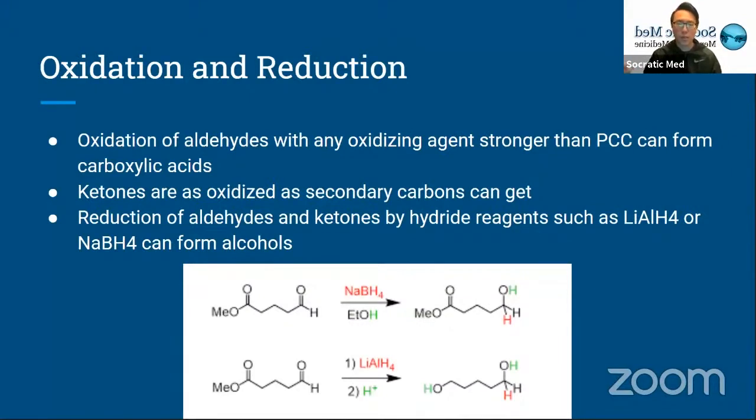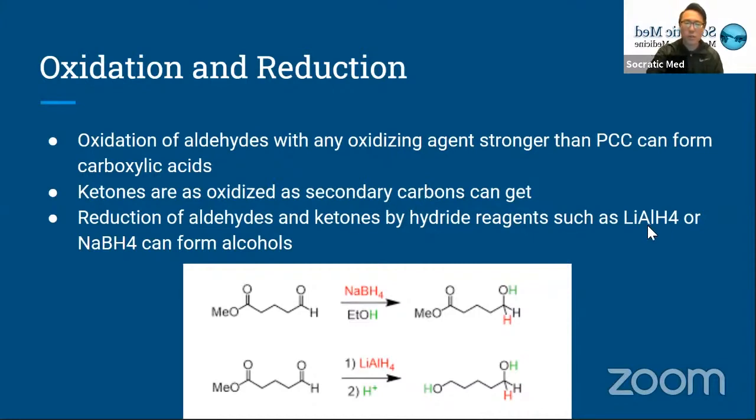But when you react ketones and aldehydes with a reducing agent, like hydride reagents such as lithium aluminum hydride or sodium borohydride, you can form the alcohols that oxidizing agents would turn into aldehydes or ketones.